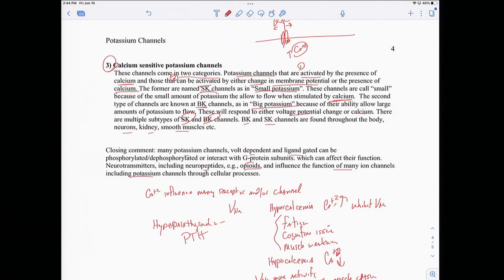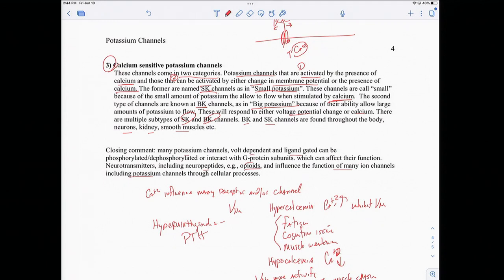So one of the things I'm hoping you walk away with is understanding what a complex weave all of this is. You have all the variety of channels, and then overlaid on the variety of channels, they can influence each other. The receptors can influence the channels and such. And then you have all these other cellular second messenger systems that can alter the functioning of all these various channels and such.